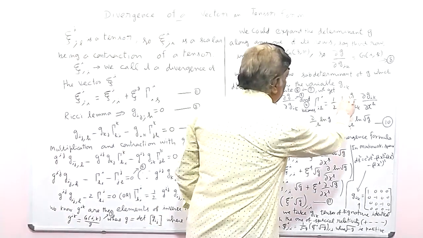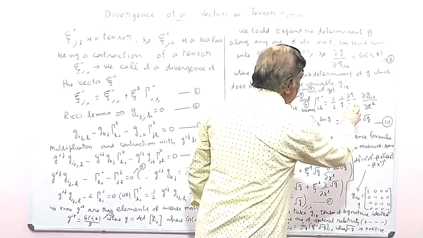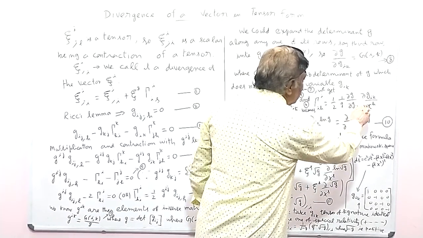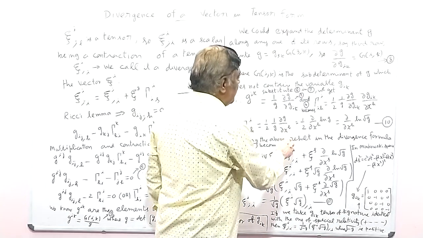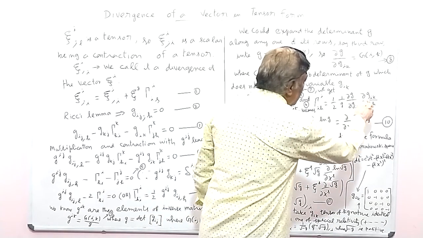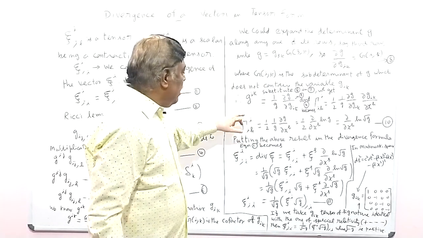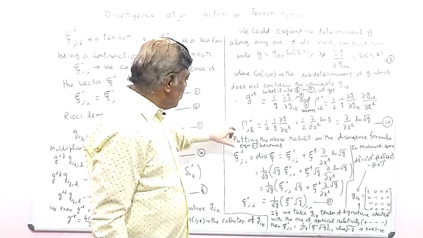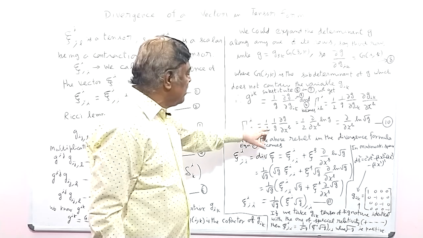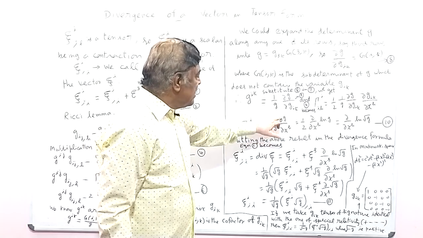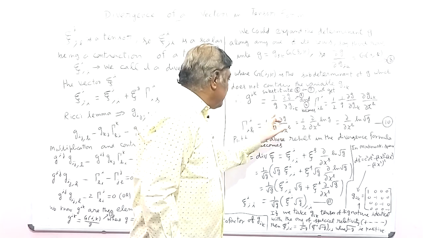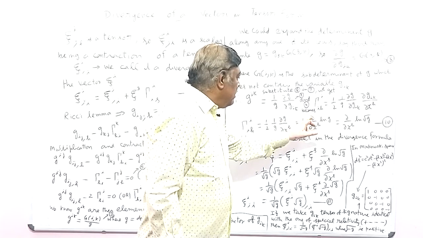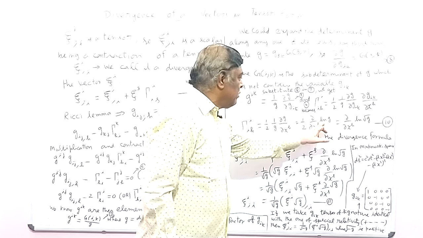Now if you consider this expression, this is partial dg by dg_ik times dg_ik by dx^h. So this can be combined into partial dg by dx^h, because this can be moved. So gamma^i_ih, the Christoffel symbol of the second kind, is half times 1 by g times partial dg by dx^h. Now if you combine this term, this will be d by dx^h of the logarithm of g.